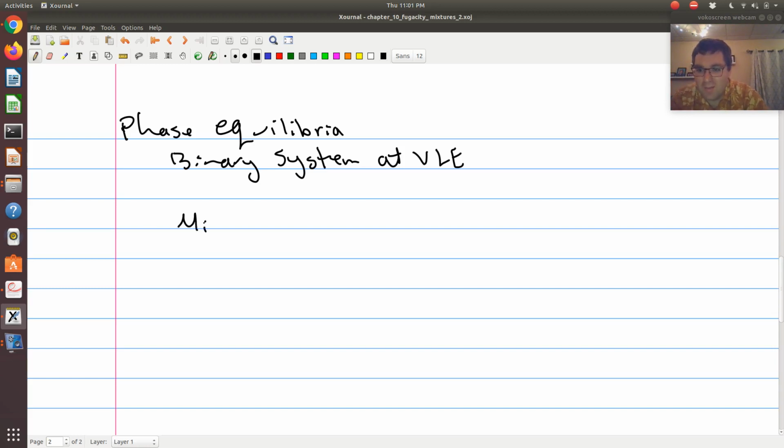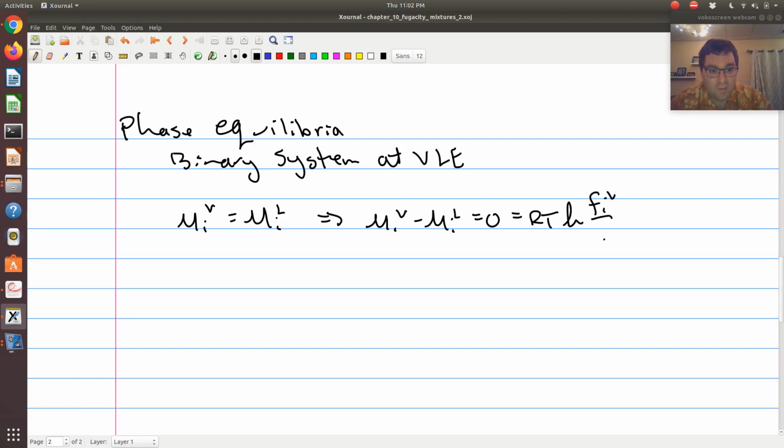If I had, say, mu i vapor is equal to mu i liquid, I could just as well write that as mu i vapor minus mu i liquid is equal to 0. Since I have a difference in chemical potentials, or partial molar Gibbs free energies, between two states at the same temperature, that's by definition RT log f_i vapor over f_i liquid. So it must be that this is also equal to 0.